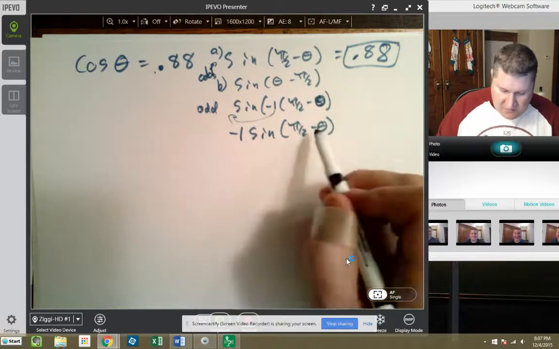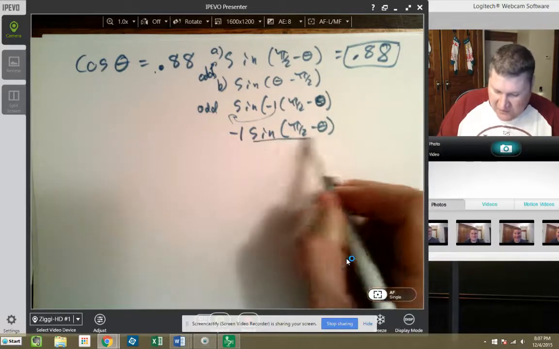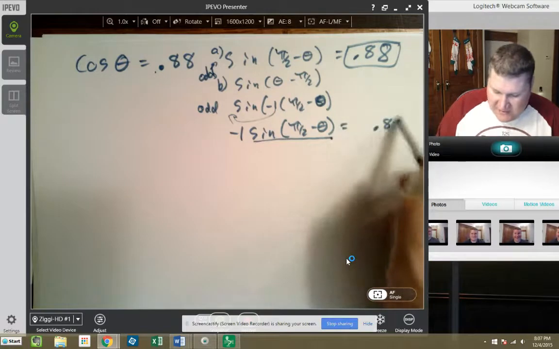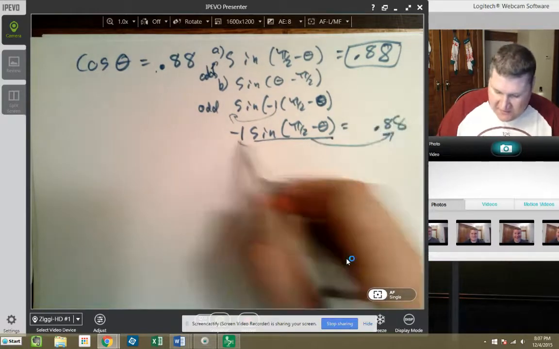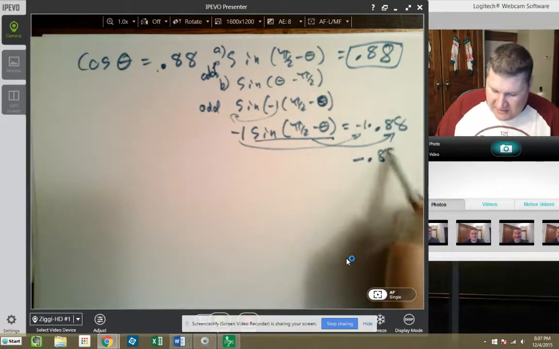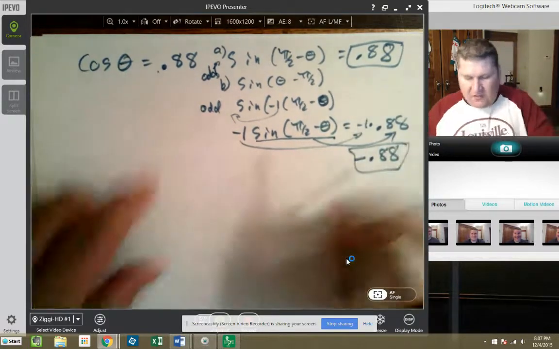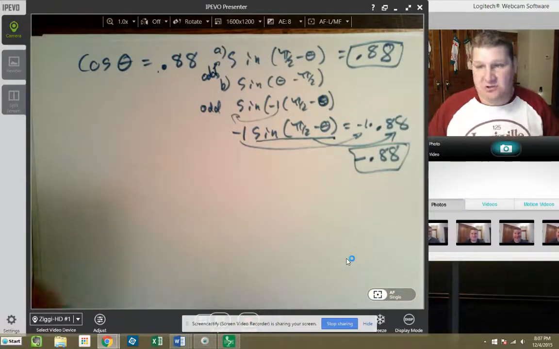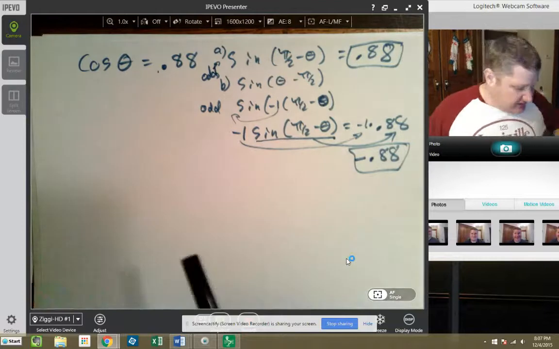Well, we already know that cosine and sine of pi over 2 minus theta are exactly the same. So we have the 0.88 goes right here and the -1 out front. So we end up with -0.88. So using cofunctions and odd-even functions, we can combine the two and come up with our answers.